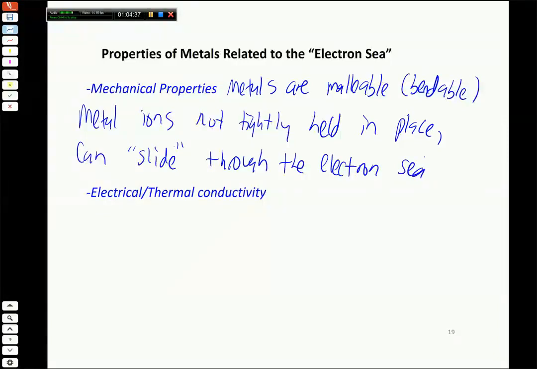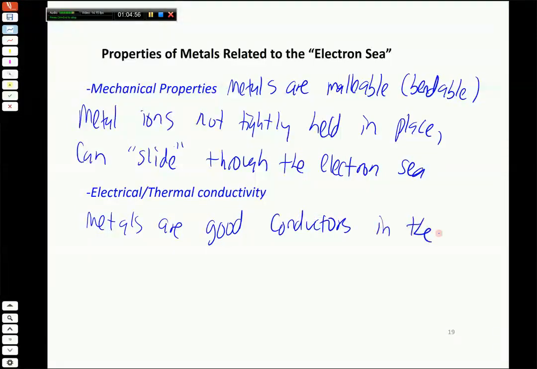And then, as you also probably already know, metals have very good electrical and thermal conductivity. Both for electricity and heat, metals are good conductors, both in the solid and liquid states.